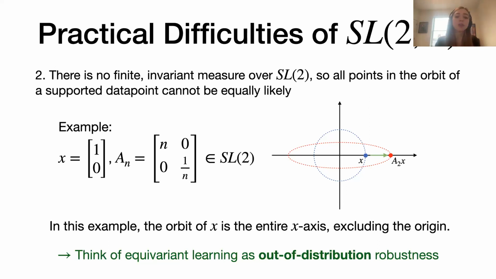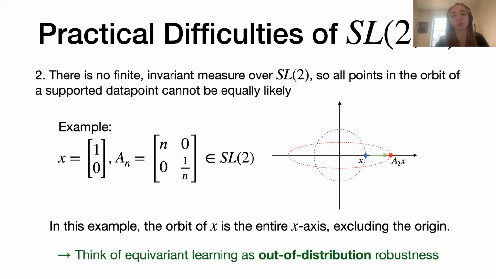However, in the non-compact group case, if you apply an SL2 transformation to everything in your training set, you're actually changing the distribution. And so we now think of equivariant learning as giving us out of distribution robustness, as opposed to the pseudo new samples that you would get from equivariance. So these are two high-level things that we keep in mind when we're working with a non-compact group like SL2 instead of a compact group like SO2.